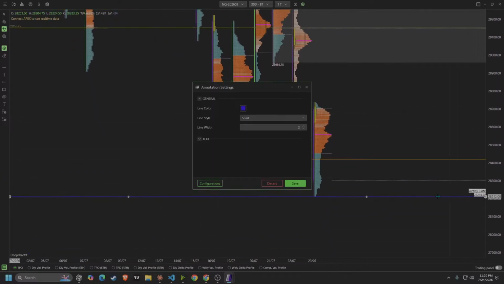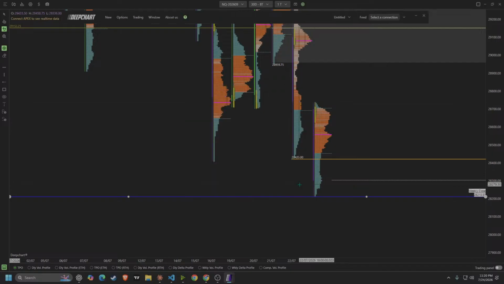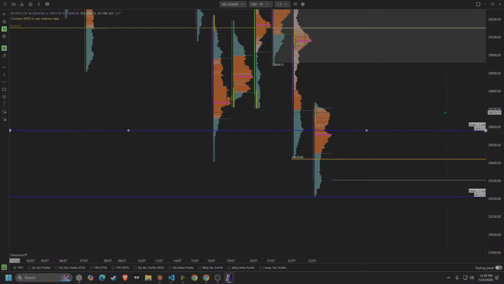This one has a background. I don't want the background. Did I not save it? So some things that you don't do very often, you have to save it and then it's there. All right, that's going to be the default. So whenever I draw a line now, that's what it does.